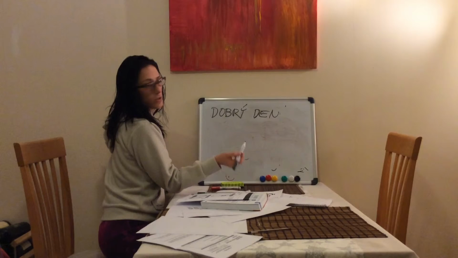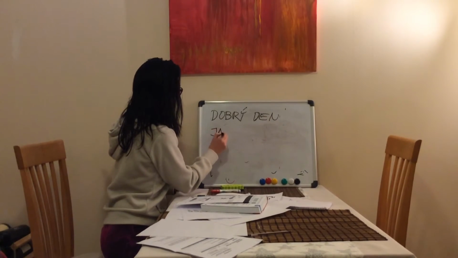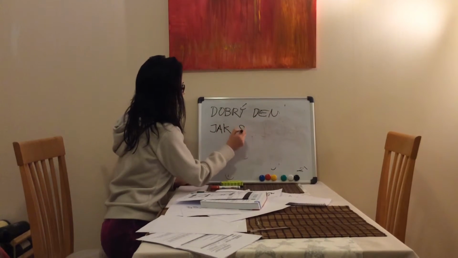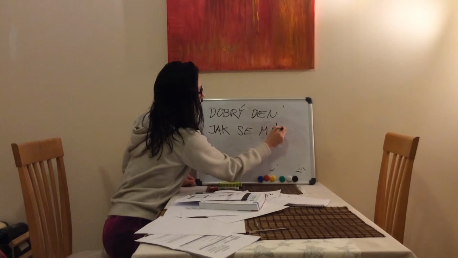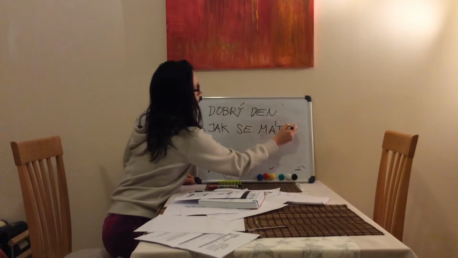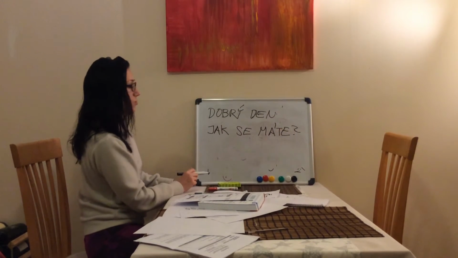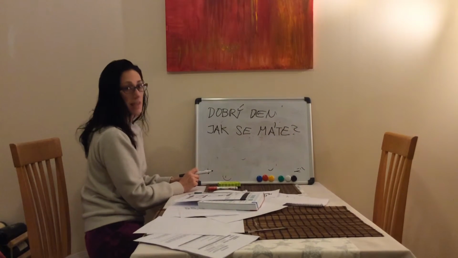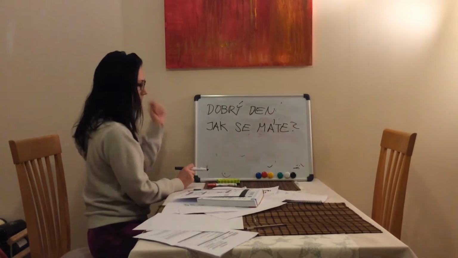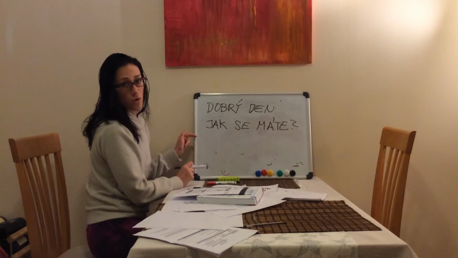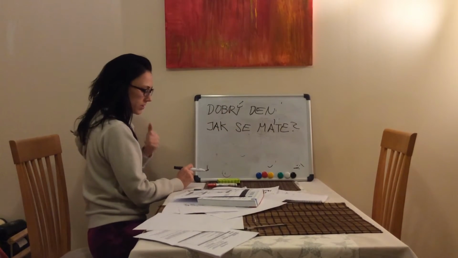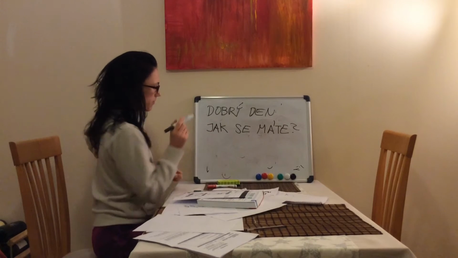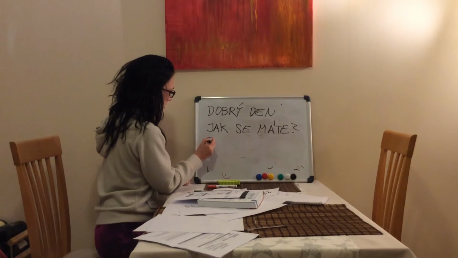And then you wonder how they are, so you ask jak se máte. And to make it a question, you just do the intonation. Jak se máte? This is how are you? And this is a formal way of asking. So you can say it to someone you don't know.